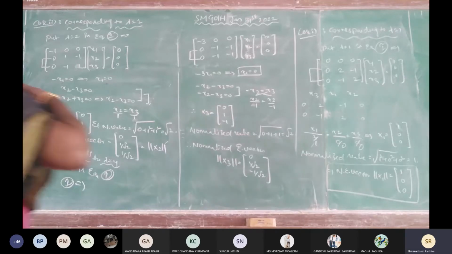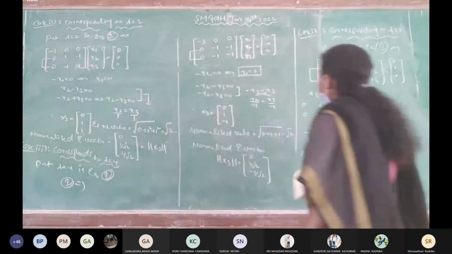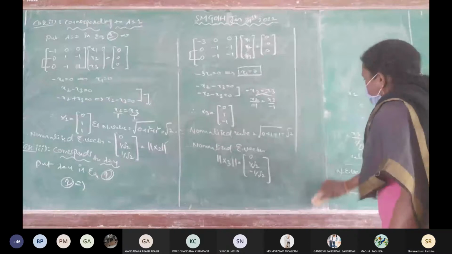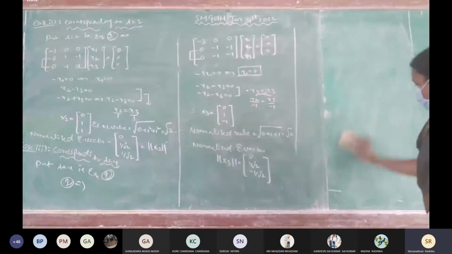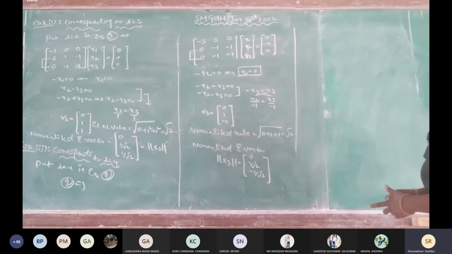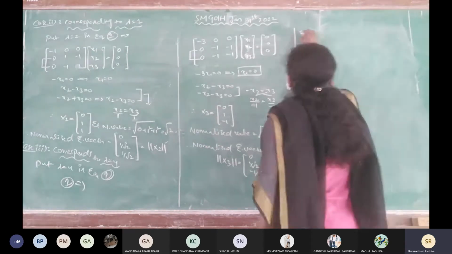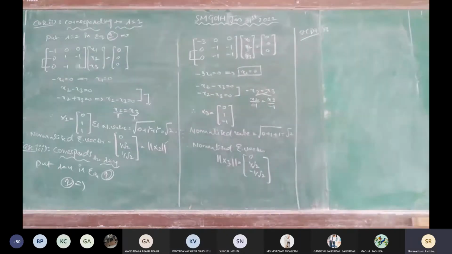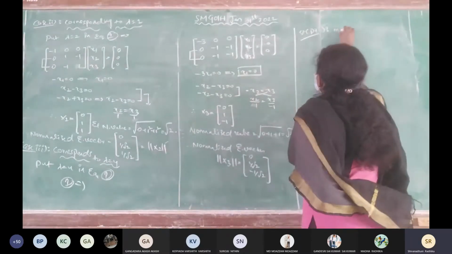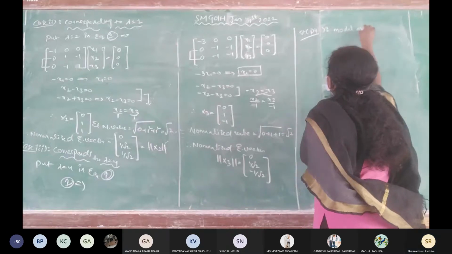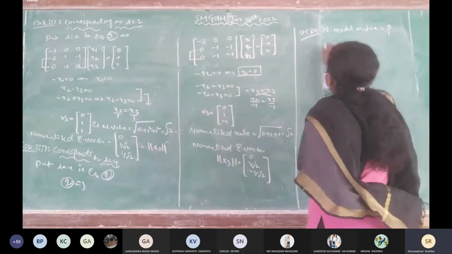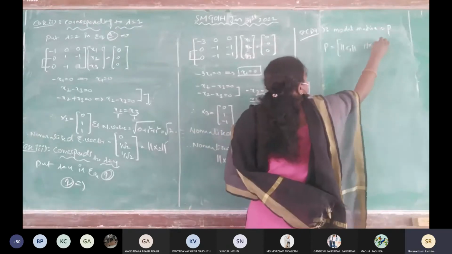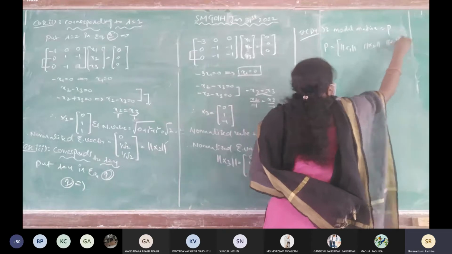Then go for step 4. What is step 4? Model matrix and diagonal matrix we are going to write. The model matrix, capital P, equals norm x1, norm x2, norm x3.